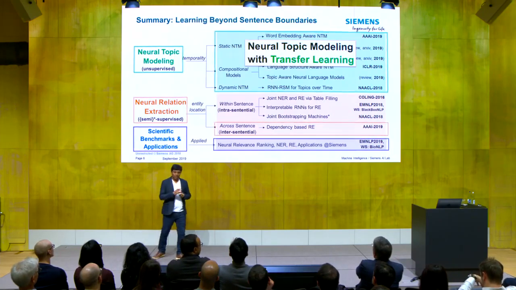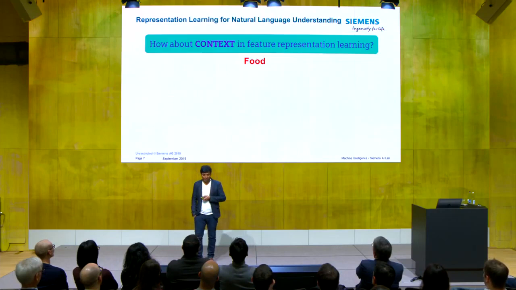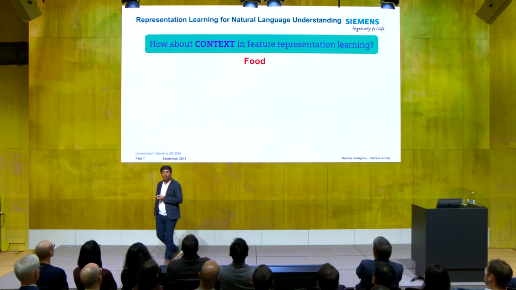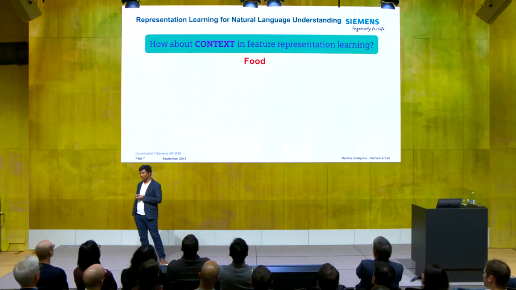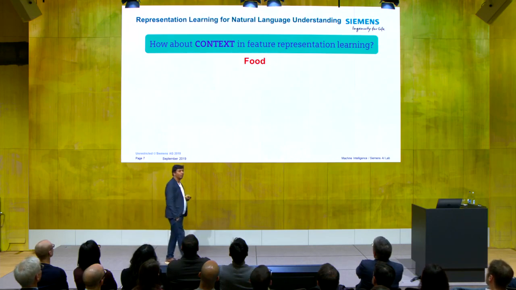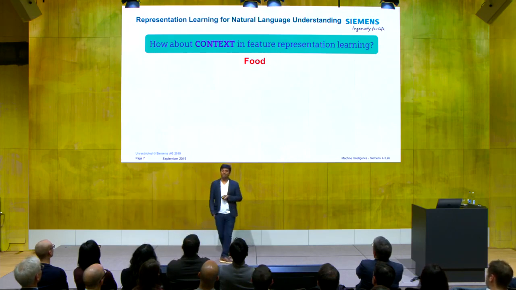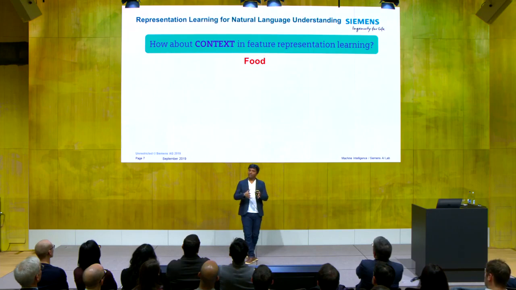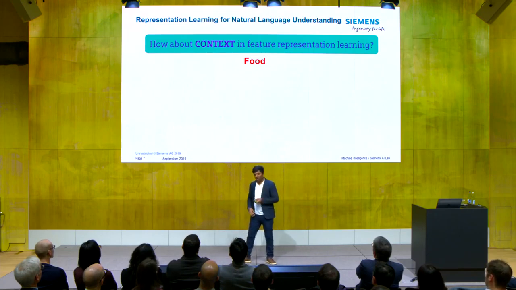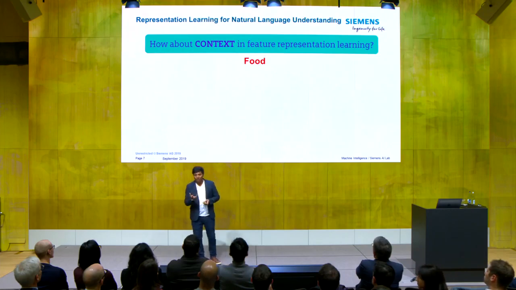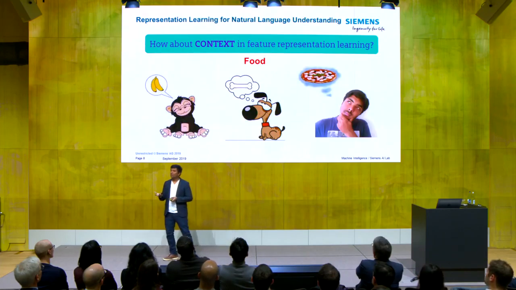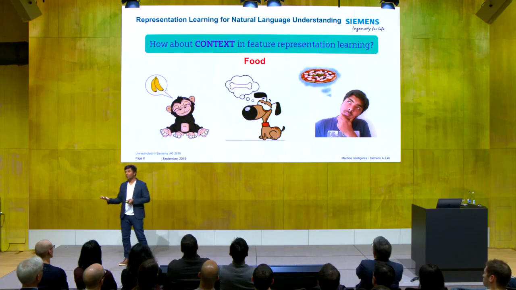Okay, so this is about topic modeling with transfer learning. When you learn representations, especially in text, you learn everything from the context. And what does context mean? Context is something that is a neighborhood to you, a neighboring environment to you. For example, there is a word called food. A representation of food could be encoded in different forms in different brains.